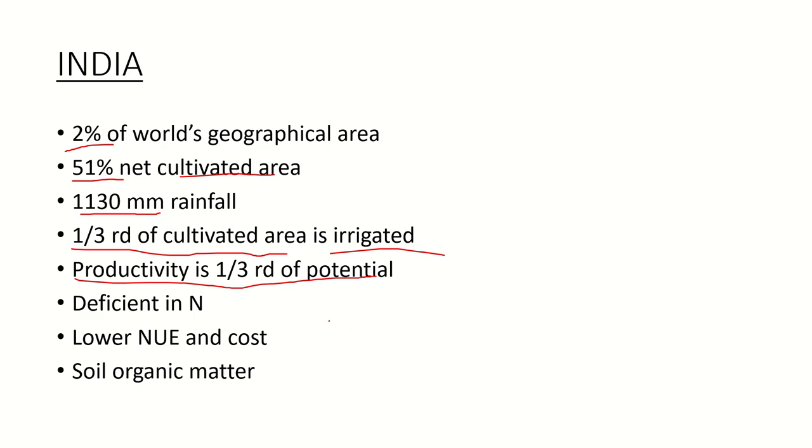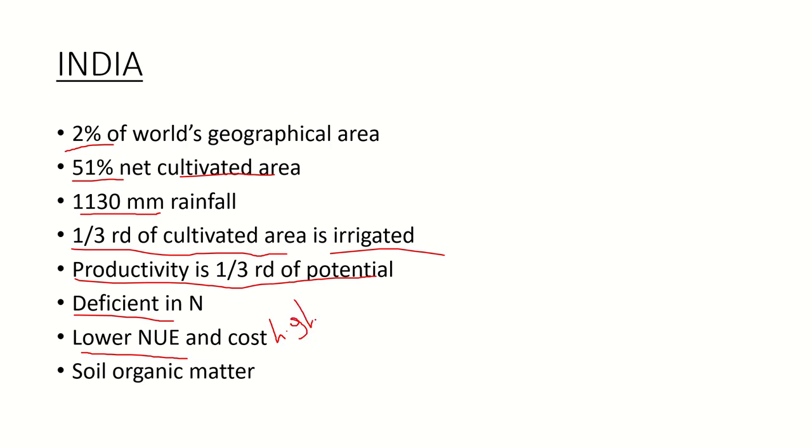One of the main problems in Indian soil is that it is deficient in nitrogen, but we are also facing a lower nitrogen use efficiency. Even if you use fertilizers, the efficiency of usage of nitrogenous fertilizers and organic manure is very low, and the cost is also very high.